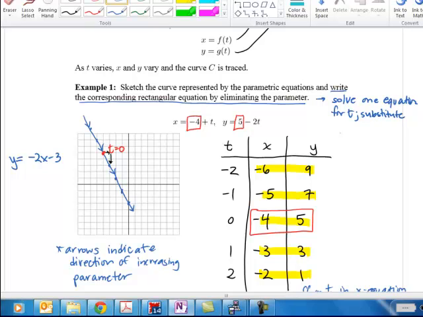If I solve the first equation for t, I have t equals x plus 4. Then if I substitute that into the second, I have y equals 5 minus 2 times x plus 4, and that will become y equals 5 minus 2x minus 8, which is the same as y equals negative 2x minus 3, which is what we thought.